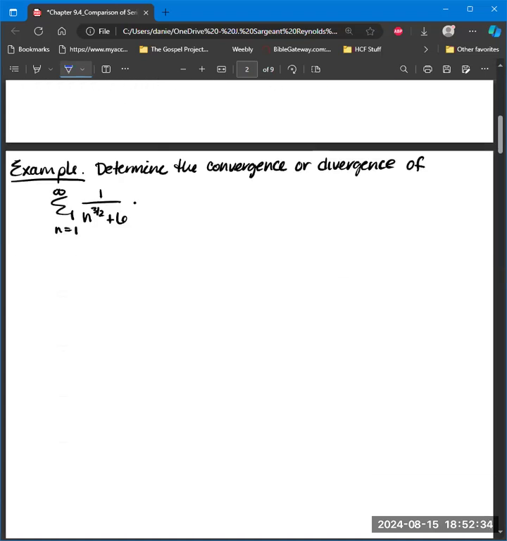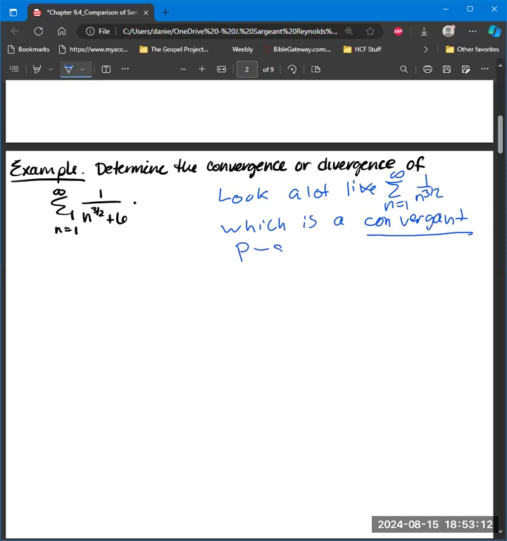So let's look at an example here to determine the convergence or divergence of the series n equals 1 to infinity of 1 over n to the 3 halves plus 6. This looks a lot like the series n equals 1 to infinity of 1 over n to the 3 halves, which is a convergent p-series.